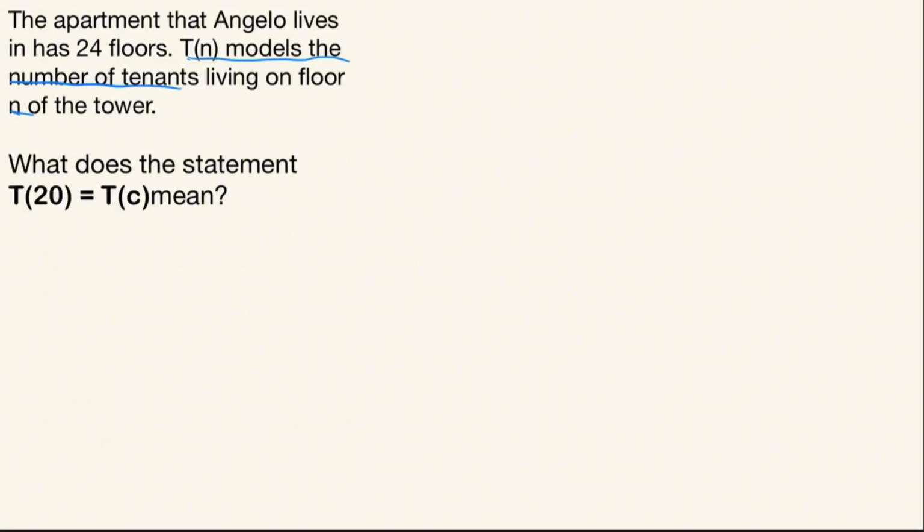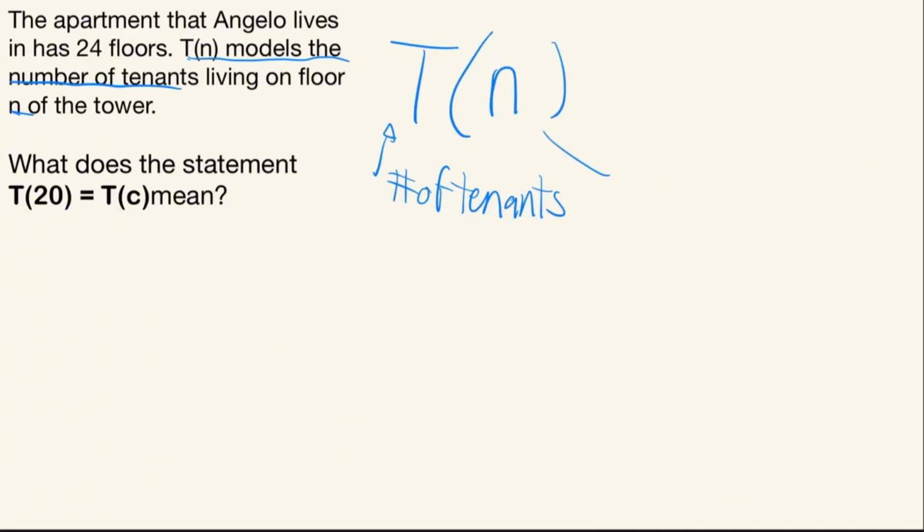So basically, T is the number of tenants, and n is what floor they live on.